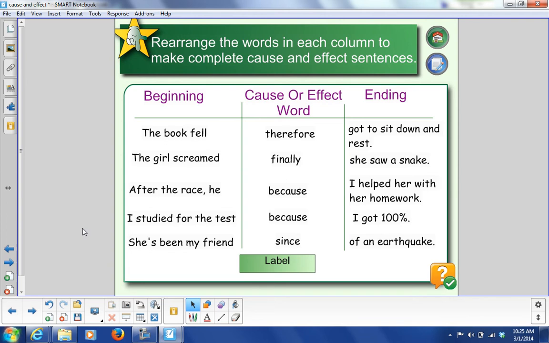Okay, so the book fell, blank, and then an ending. How am I going to figure this out? The book fell. So what could possibly happen when a book falls?